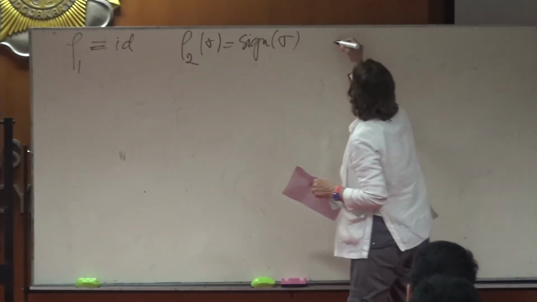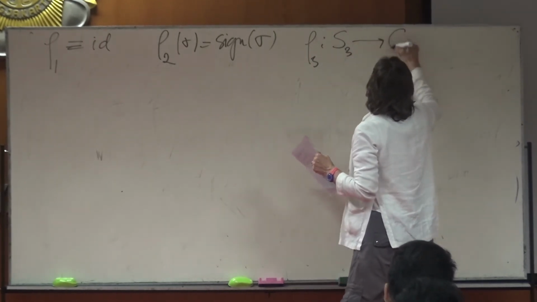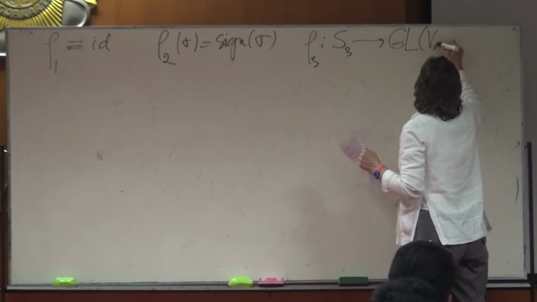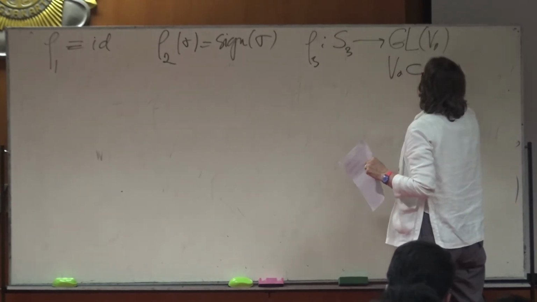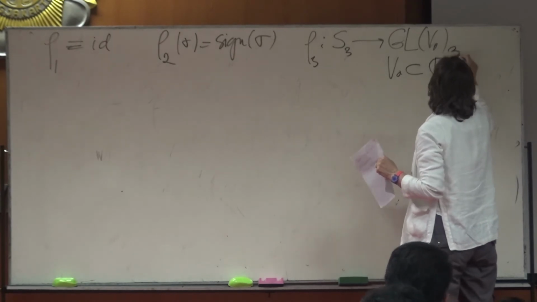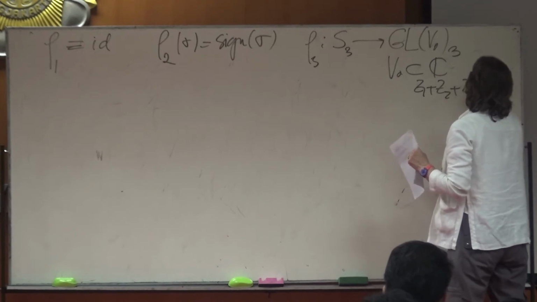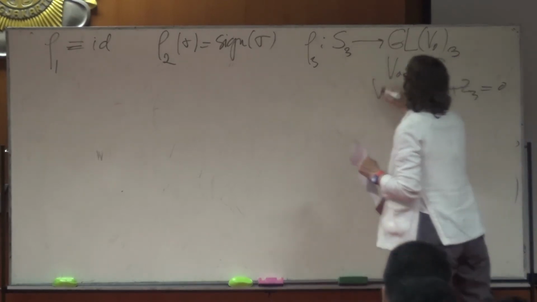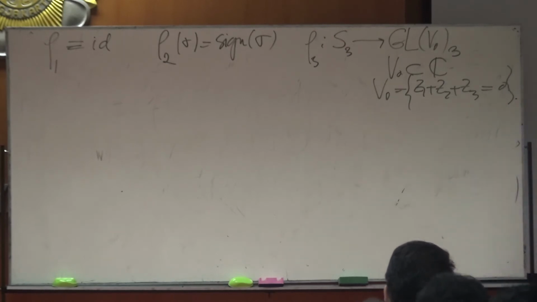And then we have rho 3 from S3 to GL of V0, where V0 is the plane in C3, z1 plus z2 plus z3 equal to 0. You remember?